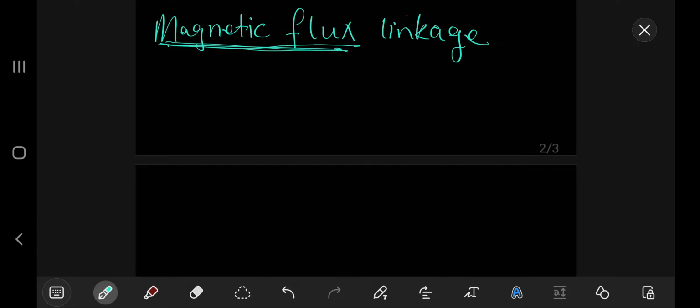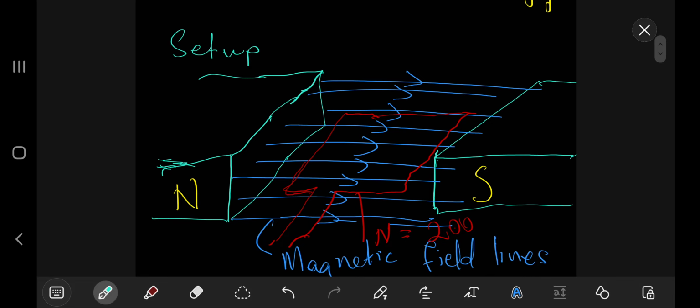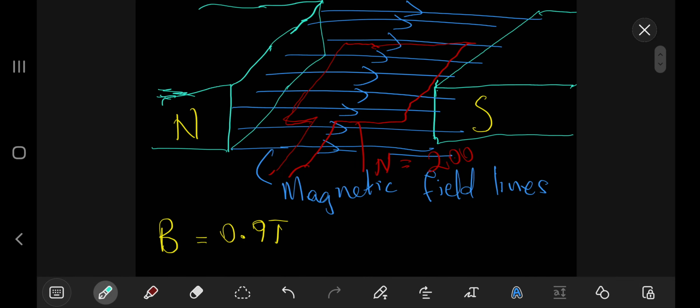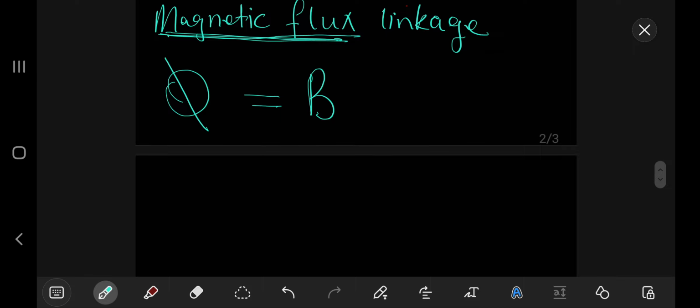Okay, so this magnetic flux is represented by the symbol phi, right? And by calculation, magnetic flux is equal to B, remember B depends on the magnets, which is the magnetic field strength, times the area, right?